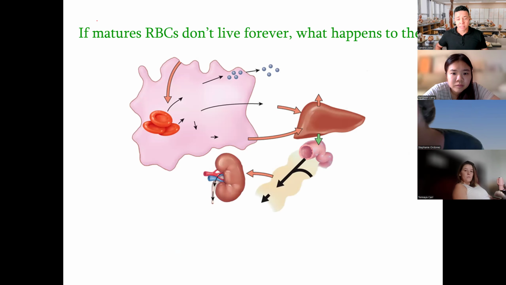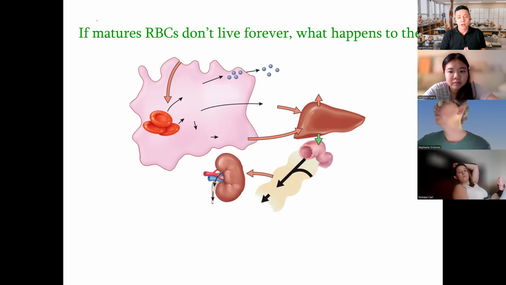Now, we have just established that red blood cells don't live long. They only have about 120 days at most. So what's going to happen when a red blood cell is old and worn out? Are we just going to take it and dump it in the trash like we do with everything else at home? No. Remember, our body is much more conscious than we are, thank God.